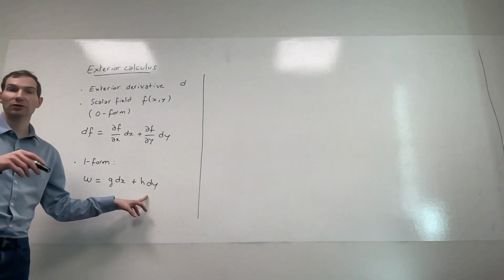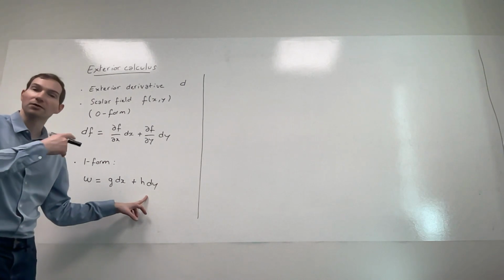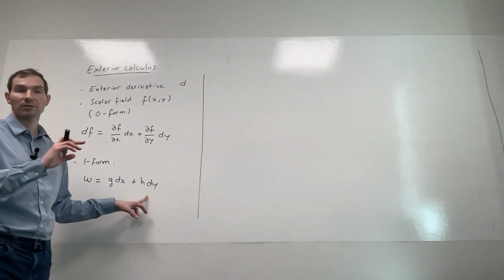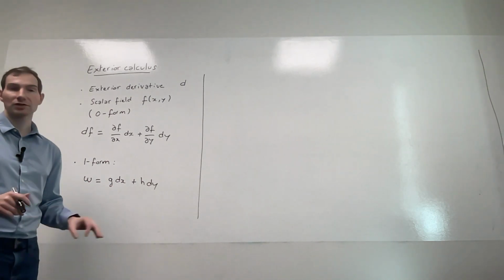That could be something you get when you calculate the circulation of a field along a curve, for example. So g dx plus h dy.